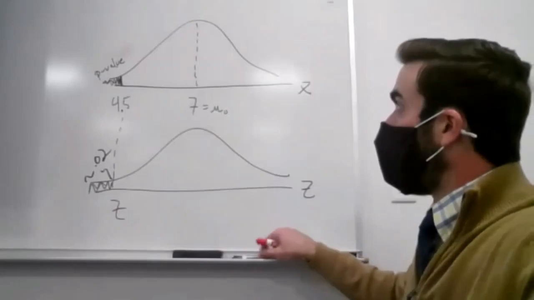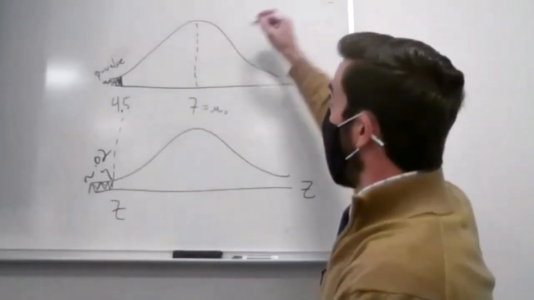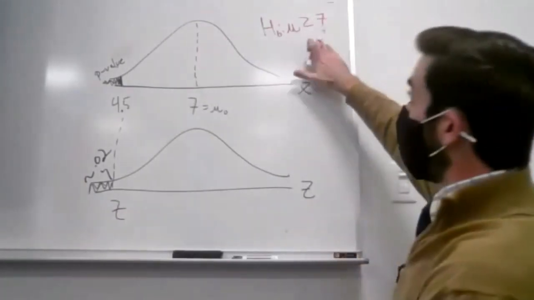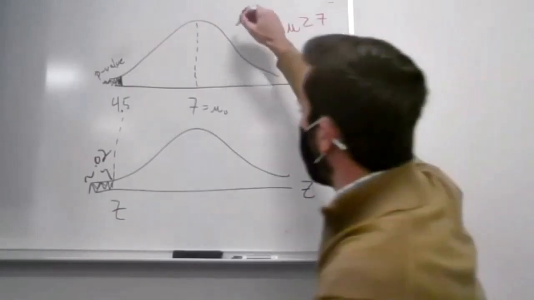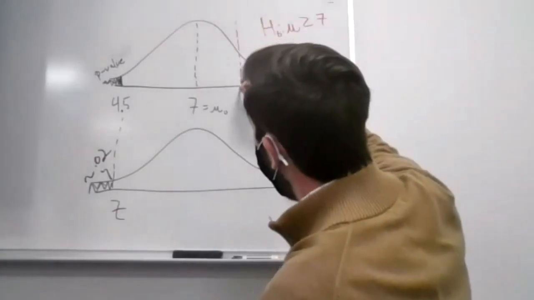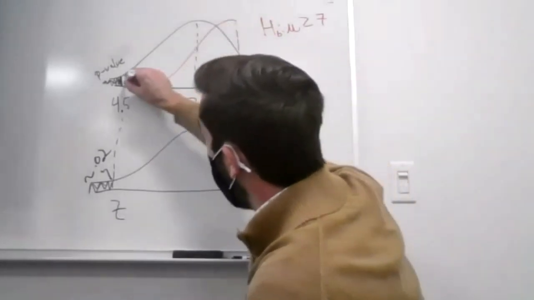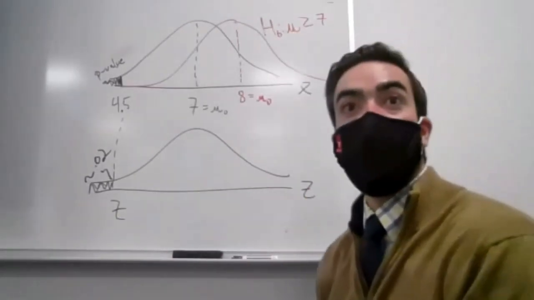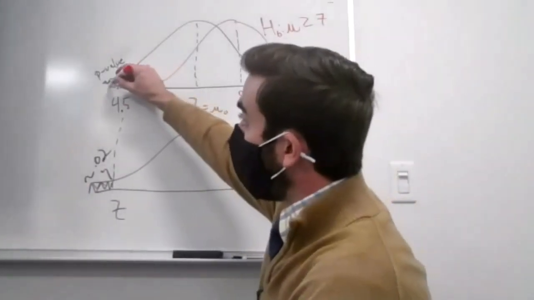Well, I chose 7 because, let's say I did instead choose, remember, the null hypothesis was that the mean was greater than or equal to 7. So let's assume that I choose 8 instead of 7, just one of the other values in that range. If I use the assumed true value of 8, I know that my sample means would be normally distributed around that. Now if I saw that same sample mean of 4.5, what's the area to the left of that?